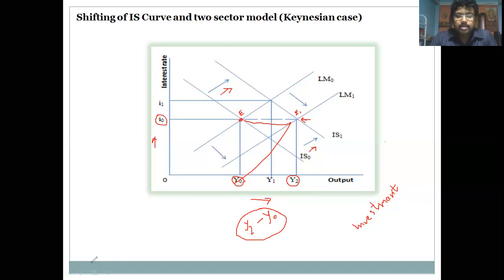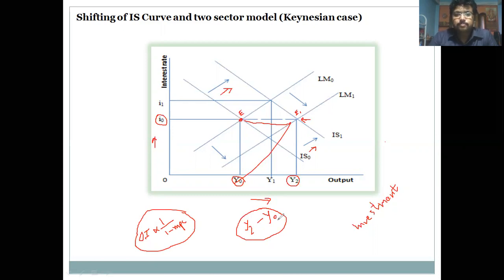It is like the amount delta I multiplied with 1 by 1 minus MPC. This is the amount which is equal to Y2 minus Y0.